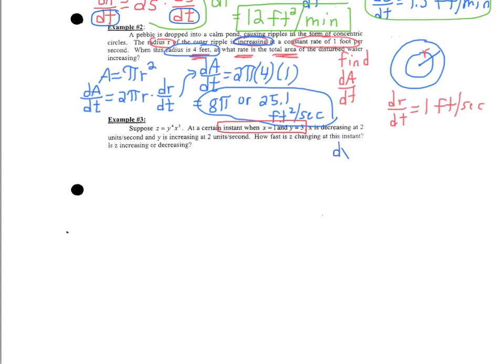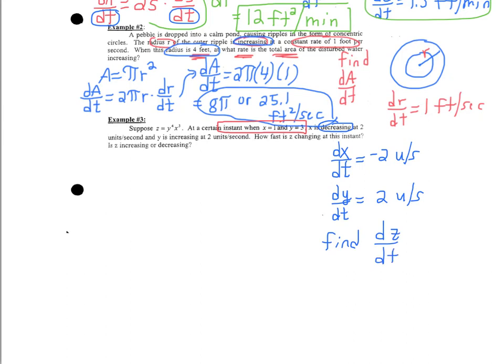So dx/dt is equal to negative 2 units per second. Keyword here, decreasing. And y is increasing, so dy/dt is increasing at a rate of 2 units per second. How fast is z changing at this instant? So we want to find dz/dt.